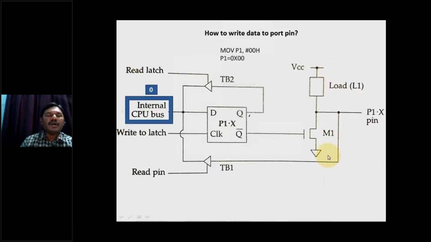Now see here how to write the data to port 2. MOV P2, #00H. Internal CPU bus 2. So here the clock must be applied.